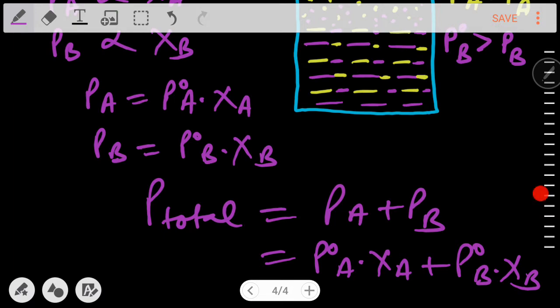Here in the question, P naught A, P naught B and the data related to get the value of XA and XB will be provided, and P total may be asked to calculate. So very simple questions are asked on this formula. Here P total, P naught A, P naught B must be in the same unit.